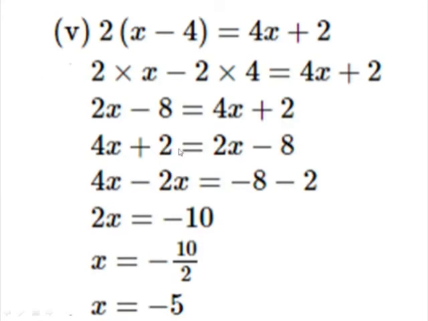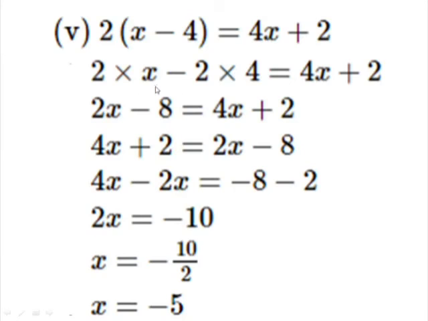Now example number 5. 2 bracket x minus 4 is equal to 4x plus 2. Now children, here 2 is in multiplication with this bracket. So we will multiply this 2 to both the terms of the bracket. So you will get here 2 multiplied by x minus 2 multiplied by 4 is equal to 4x plus 2.